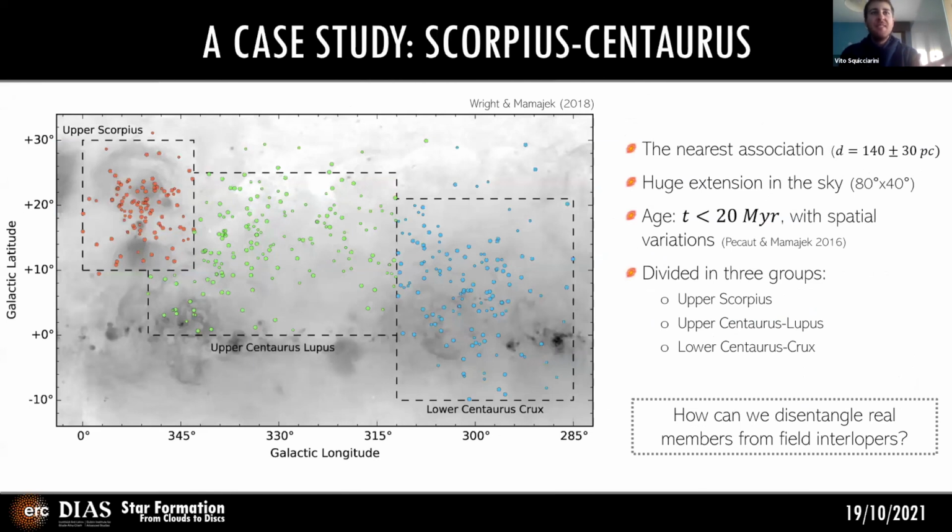Upper Scorpius is younger than Upper Centaurus Lupus and Lower Centaurus Lupus, and there is the hypothesis in the literature that it is really due to feedback from supernovae explosions. So, taken from the big perspective, the whole Upper Scorpius can really have been under the feedback of supernovae. For the subgroups, I'm not really capable of answering your question.